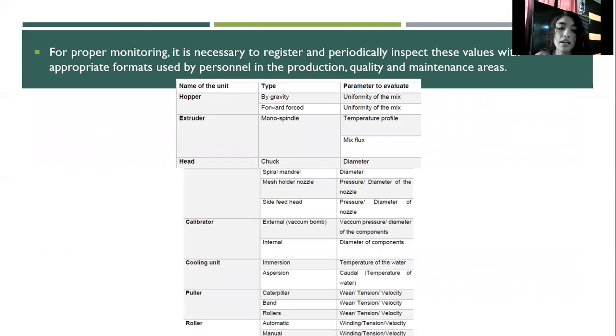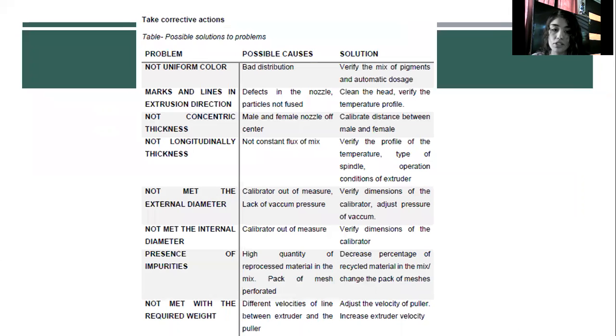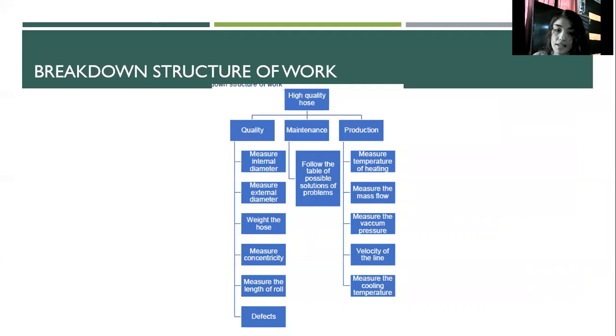So here are the parameters that are going to be evaluated. And these are the stages that are going to be followed. The corrective actions are these. The non-uniform color, well, these are going to be controlled by these departments: quality, maintenance, and production.